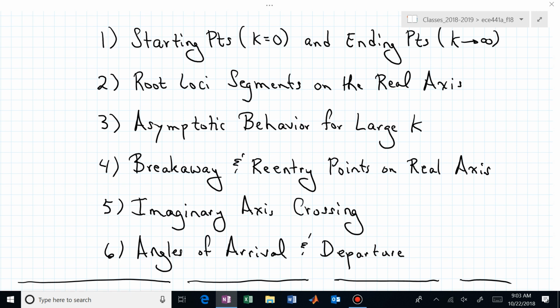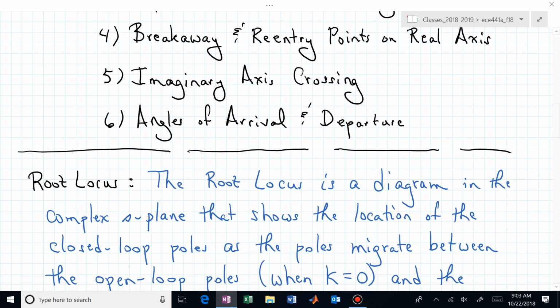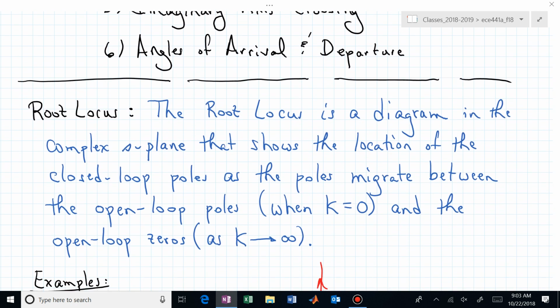And then finally, the last rule concerns angles of arrival and departure. How do the root locus branches approach complex conjugate zero pairs, or how do they depart from complex conjugate pole pairs? That will all, I hope, make a little bit more sense as we get into that.